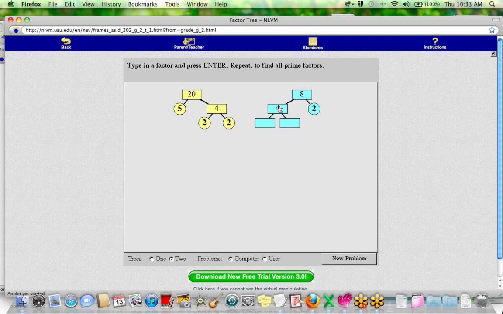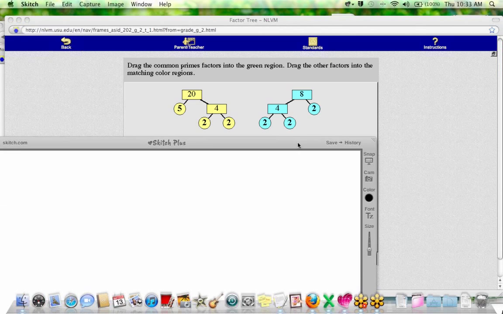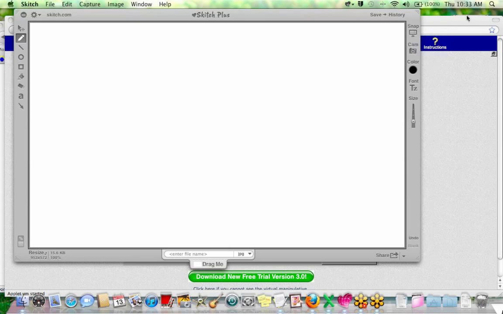However, 4 has more factors. So what should I put in these 2 boxes? 2. Good. Oops, I don't know why that didn't type, but perfect. Oh, look at this, a Venn diagram. Factors of 20, common factors that they both share, and factors of 8. I'm going to take a screenshot of this and write on top of it here in a second. So give me just a minute to take a screenshot.